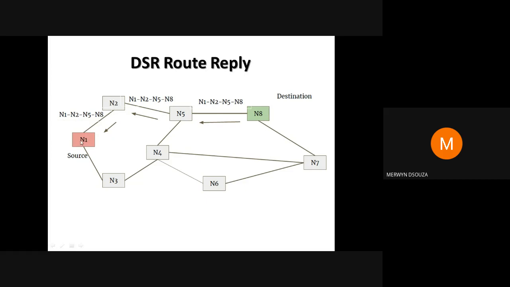This is the way N1 will get the route for the destination, N1-N2-N5-N8. It will make an entry for this route in its table. This is the shortest possible route that it could find to N8.